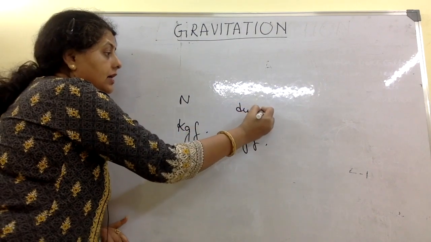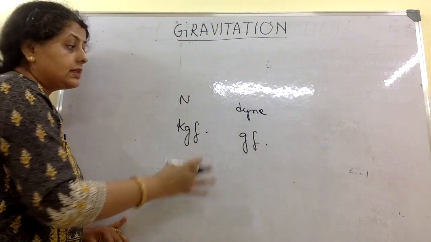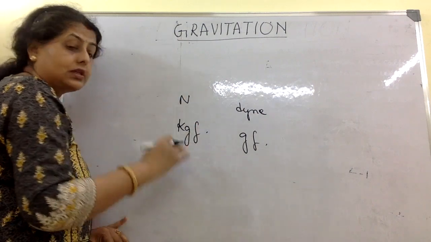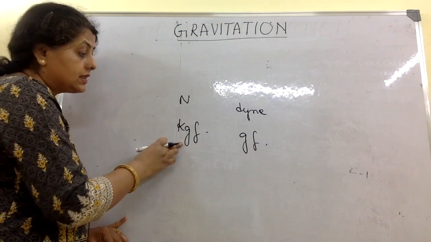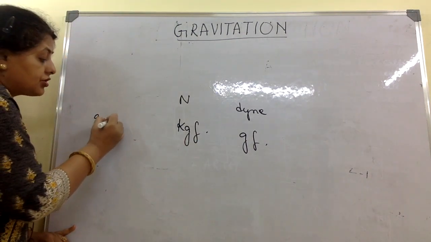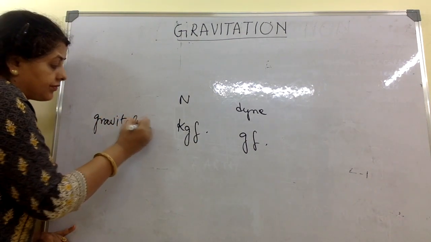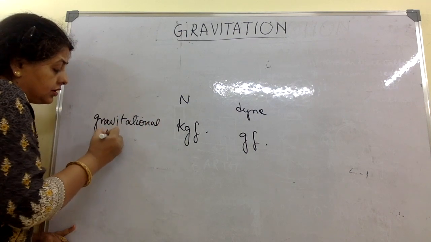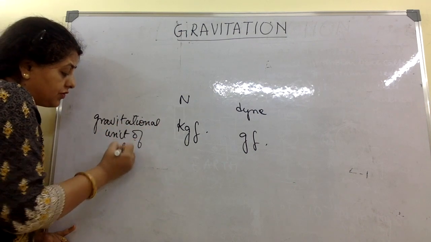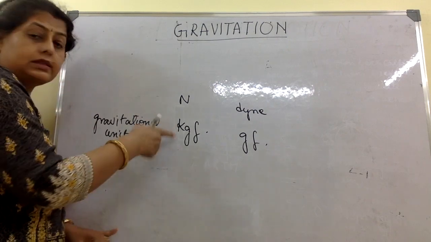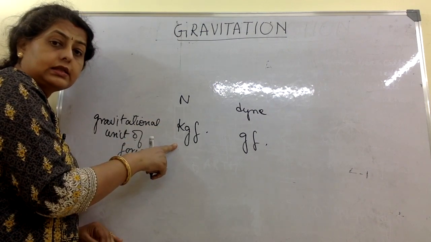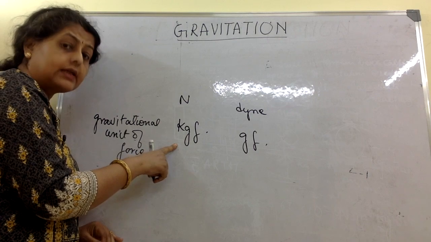In CGS it is dyne. The gravitational unit of force in CGS is gf, and in SI it is kgf.